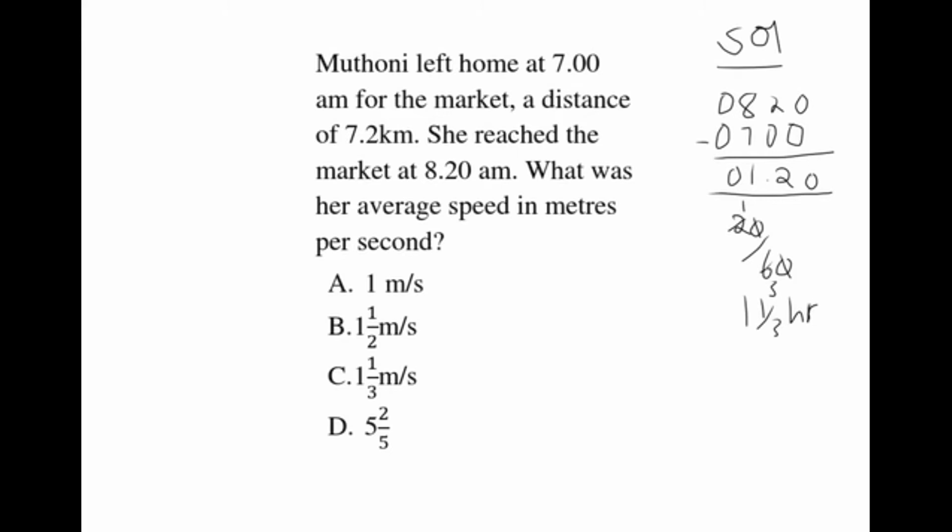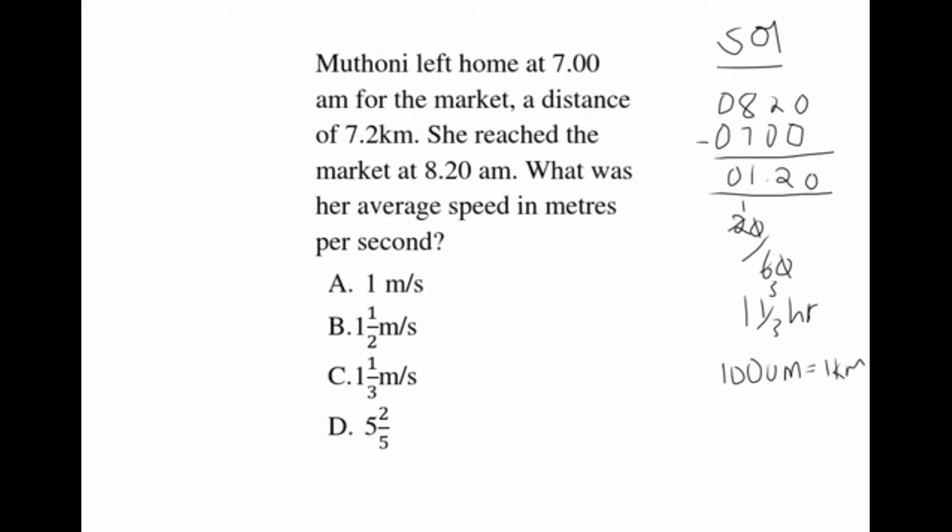Then, the distance was 7.2 kilometers. We are required to give our answer in meters per second. Convert this 7.2 kilometers into meters. Therefore, we shall have 1000 meters equals 1 kilometer.